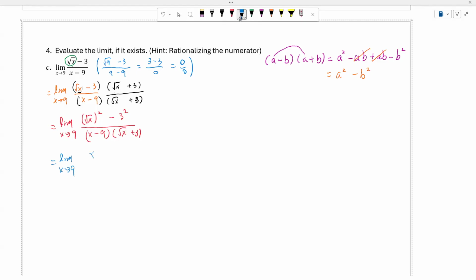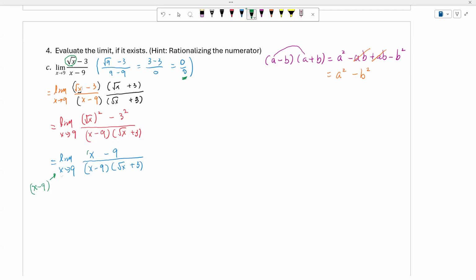And now we will have x minus 9 and x minus 9 times square root of x plus 3. Again, you will see that if you have x approaching 9, when you take the limit and it gives you an indeterminate form, then x minus 9 will be one of the factors.